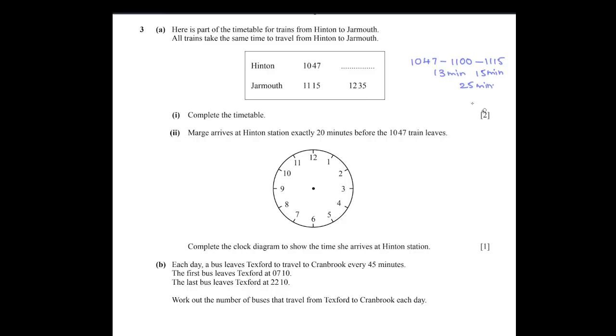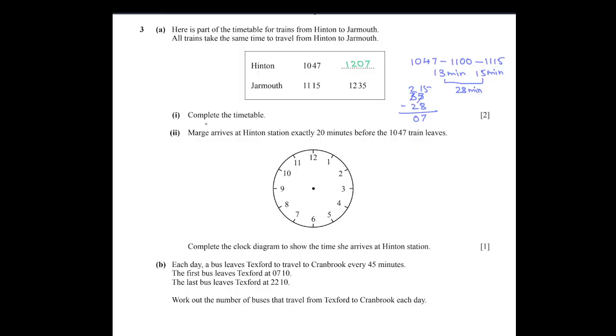So 35 minus 28: 15 minus 8 is 7, 2 minus 2 is 0. So that means it is 12:07. The time here at Hinton is 12:07.